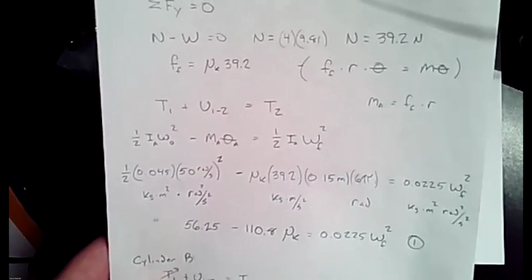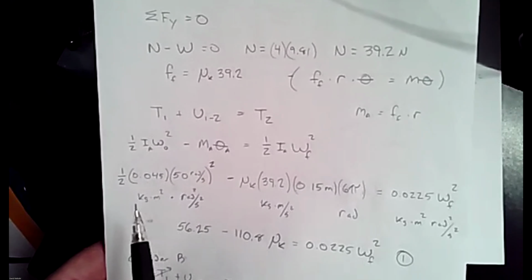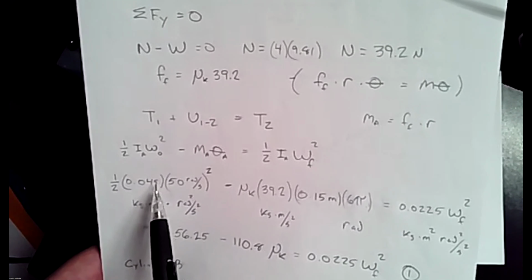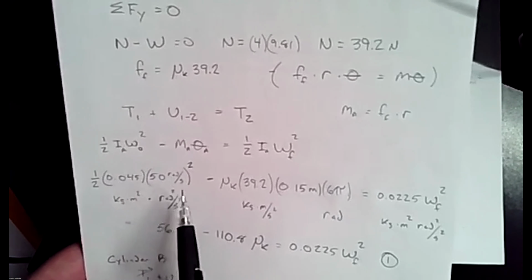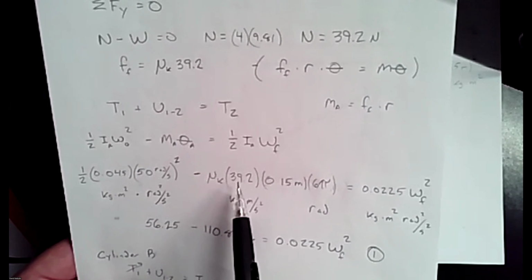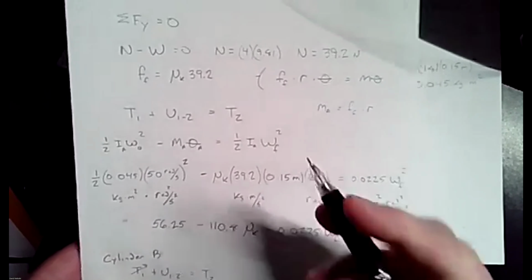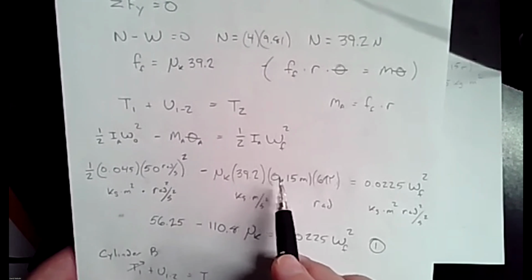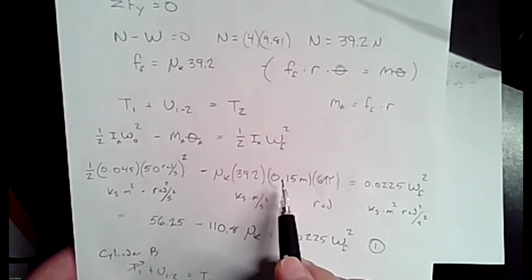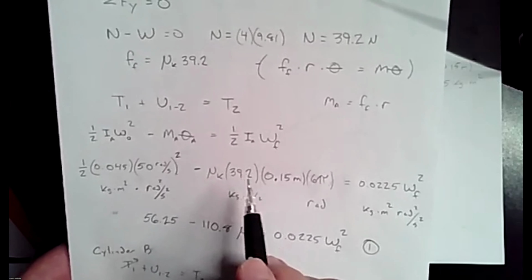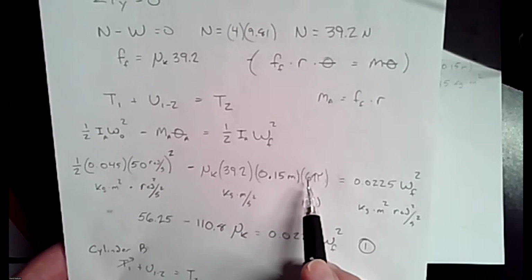So if I plug in my numbers, I get something like this: 1/2 times 0.045 for my moment of inertia times 50 squared, minus mu k times 39.2 times 0.15. That's my moment right there, right? The friction force times the radius gives the moment, times the total distance, which is 6 pi.